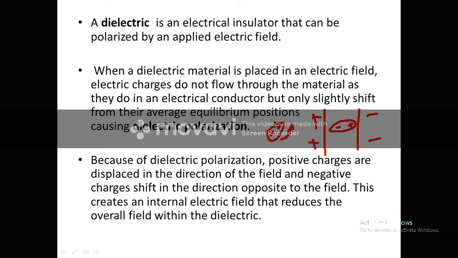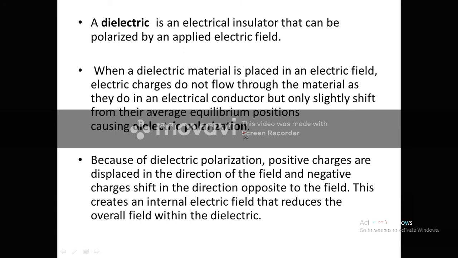A torque will be applied, a turning effect will be applied due to the influence of this electric field, so it will be moved like that. So it is called polarization, and this polarization is due to the influence of the external electric field.